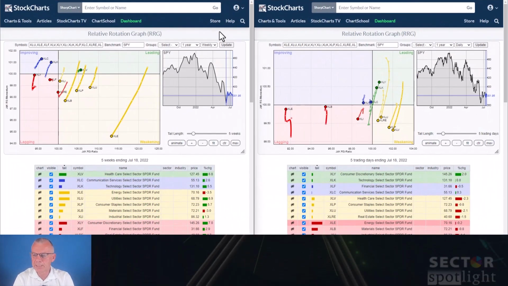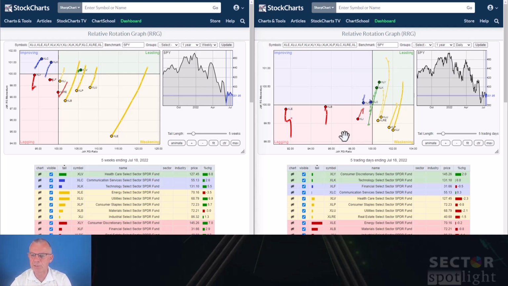What's happening in sectors? On the right hand side we have the RRG for daily data, and on the left hand side we have the weekly RRG. If we look at last week, then it was pretty clear, that week was pretty clearly in favor of offensive and growth stocks.